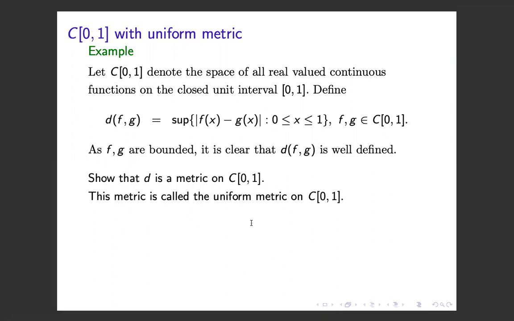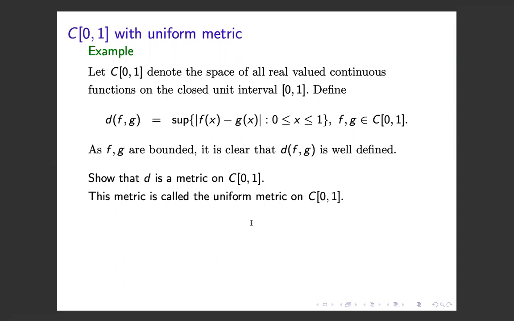So the distance on the range R is being used to define a distance on the other space, C[0,1]. You take |f(x) - g(x)| and take the supremum over all x varying between 0 to 1.